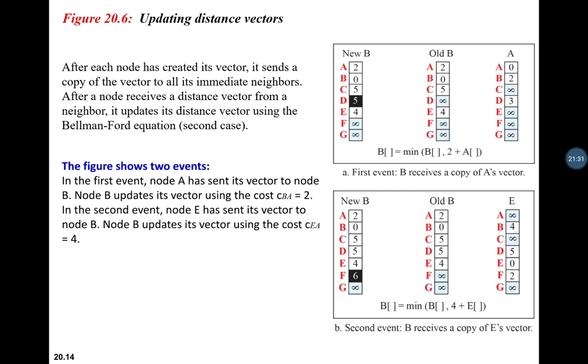In the first event, node A has sent its vector to node B, and node B updates its vector, and from the old B we get the updated new B.